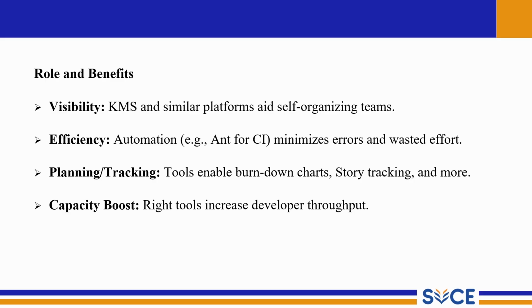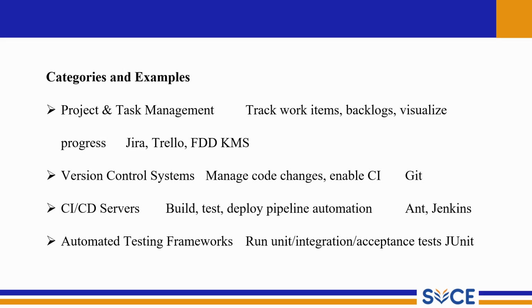Capacity boost: the right tools increase developer throughput. Categories and examples: project task management tracks work items and backlogs and visualizes the progress, for example Jira, Trello, and Kanban. Version control systems manage the code changes and enable CI, for example Git.